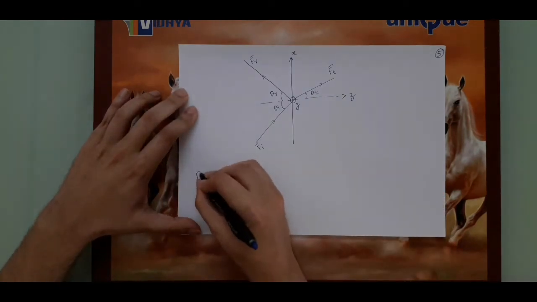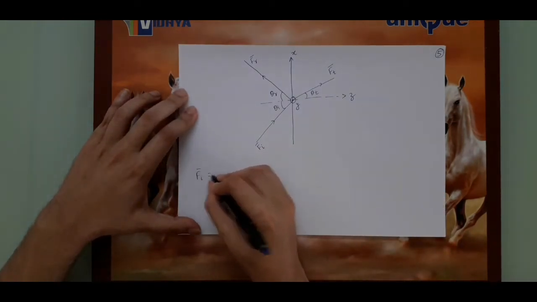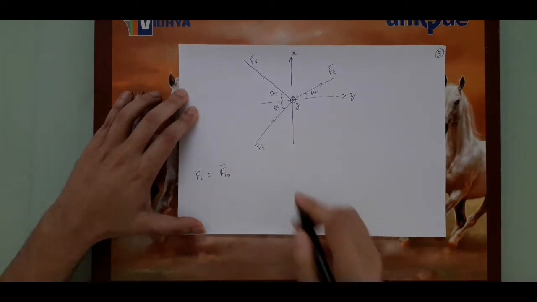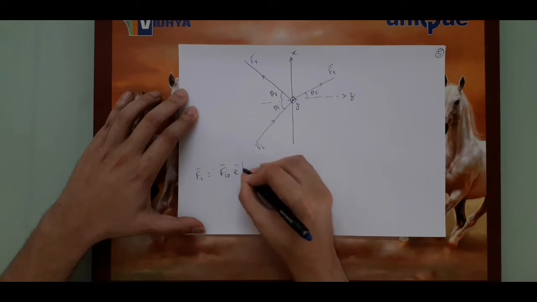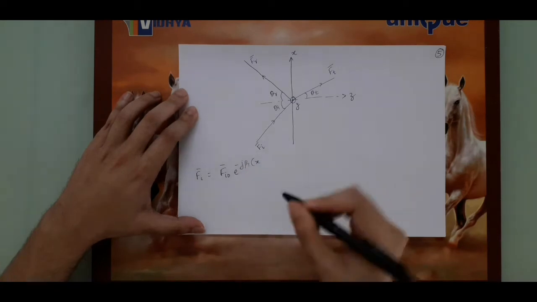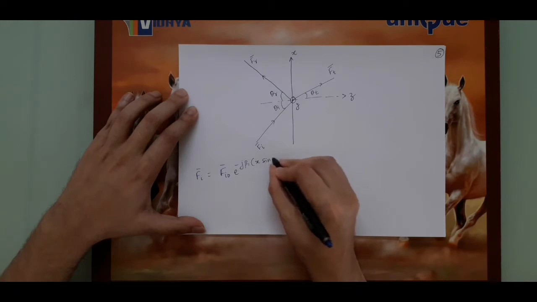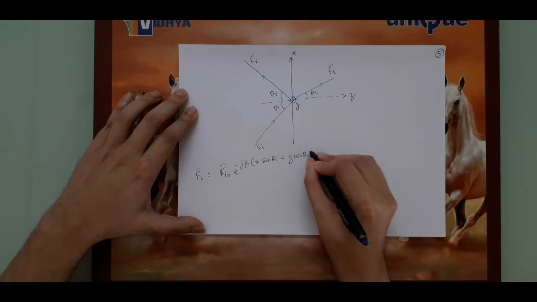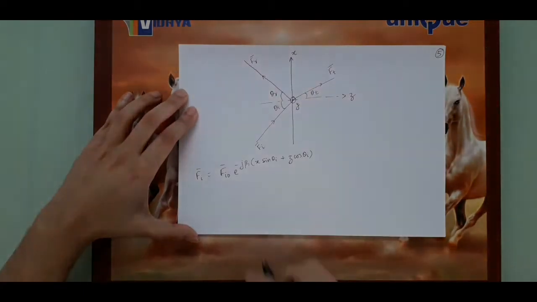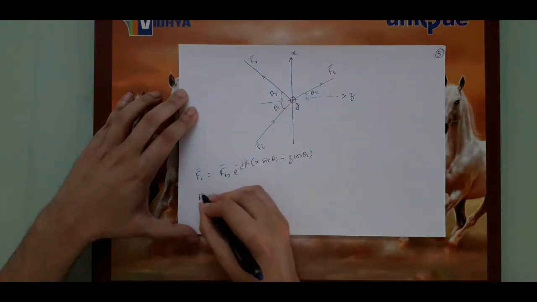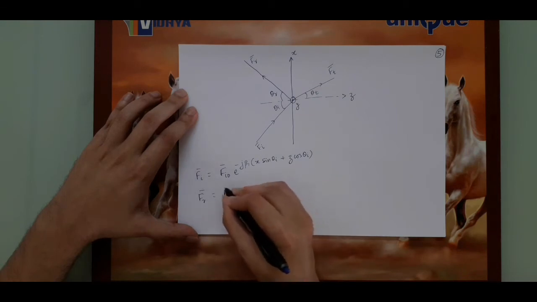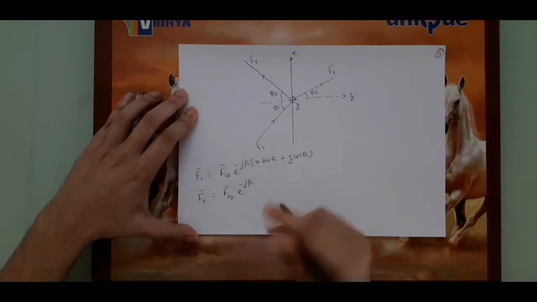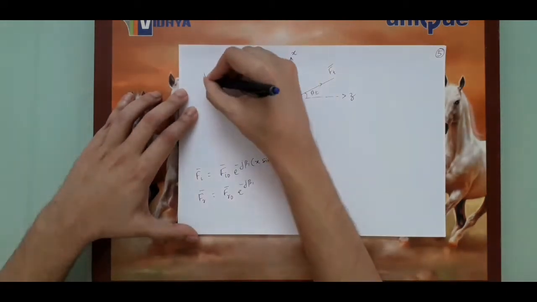Now let us write the field vectors using direction cosines. For the incident wave, we already know it is nothing but x sine theta i plus z cos theta i. What about the field of the reflected wave? We can write it as some Fr0 vector times e raised to minus j beta 1, because it is medium 1.